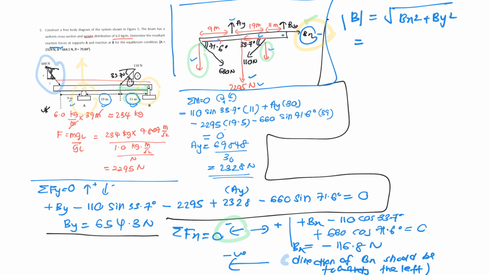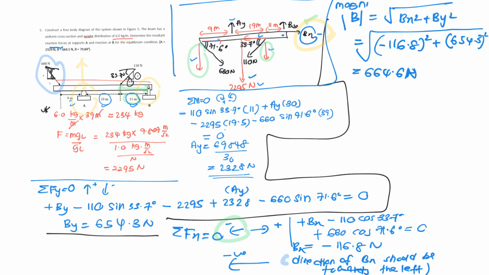So it should be left negative, I put negative 116.8 squared plus By is upward, so 654.3 squared. So I need to find the answer, which is 116.8 squared plus 654.3 squared. Square root everything, supposedly I get 664.6 Newton. Okay, this is magnitude, and I need to find the direction, which is I need to use tangent theta.